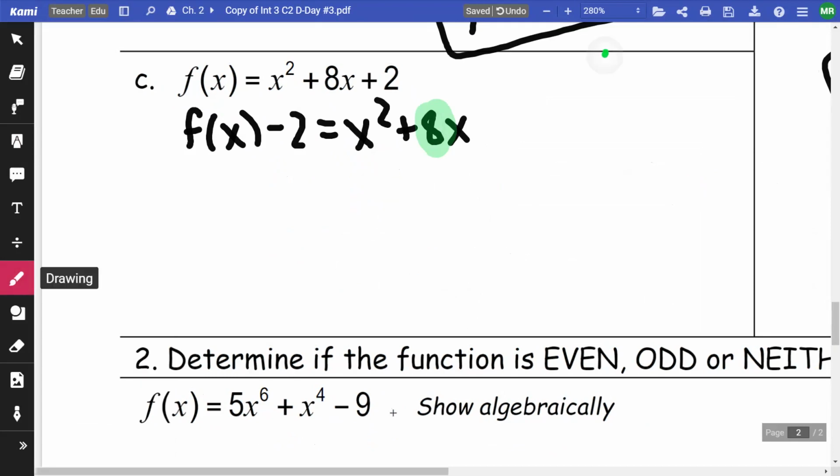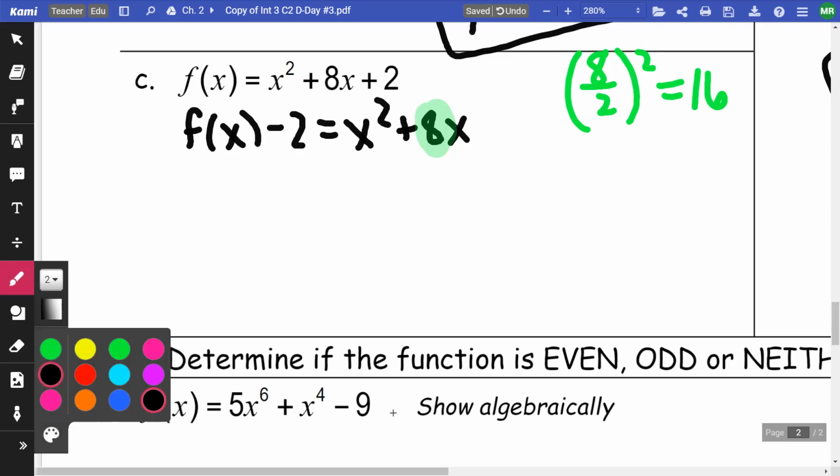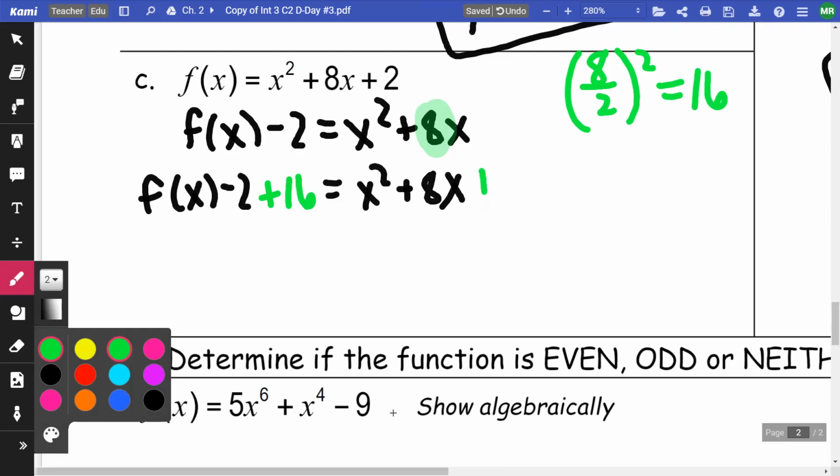So I'm going to take our b and divide it by 2 to get half of it, and then square it. So half of 8 is 4 and 4 squared is 16. So that's what I'm going to add to both sides. So I'm going to have f of x minus 2 plus 16 equals x squared plus 8x plus 16. I'm going to add it to both sides.